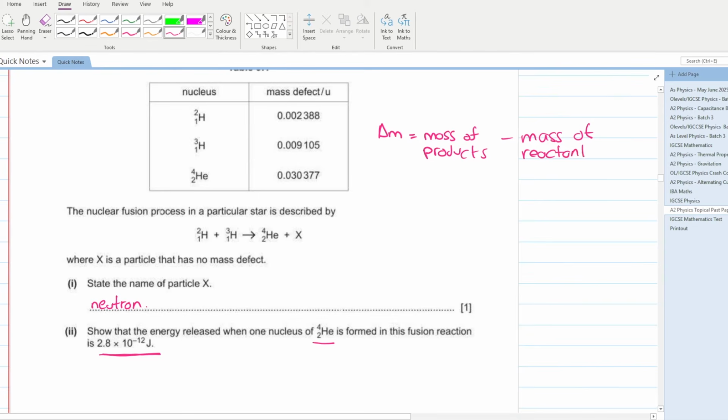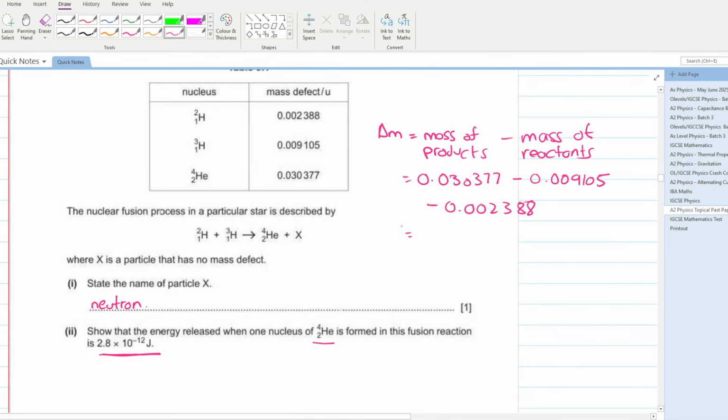Again, as I said, this is a calculation heavy question. 0.3077 minus 0.009105 minus 0.002388. Can you calculate the mass defect here?